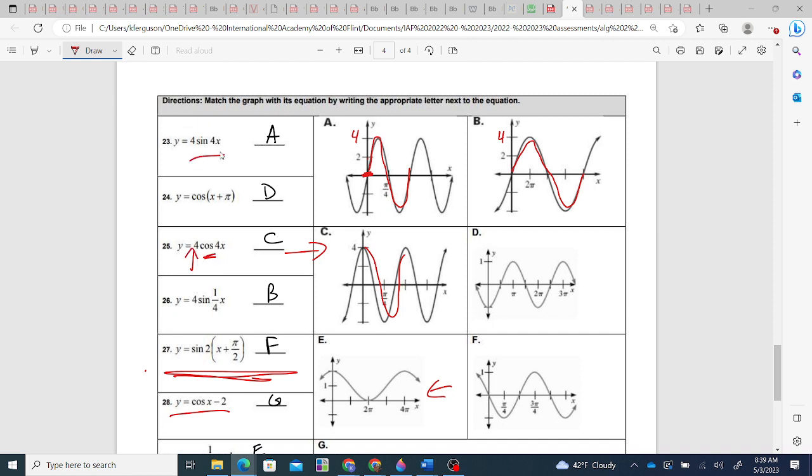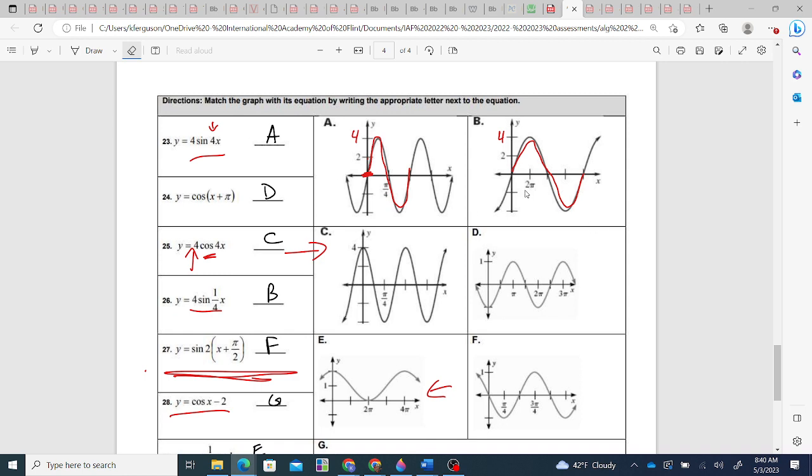So now I've got 4 sine 4x and 4 sine 1/4 x. So now I just think about what the periods or the frequencies are. Well, the frequency for this one is 4. Between 0 and 2 pi, I should be able to fit 4, right? Here, between 0 and 2 pi, I should only be able to fit a fourth of a graph.